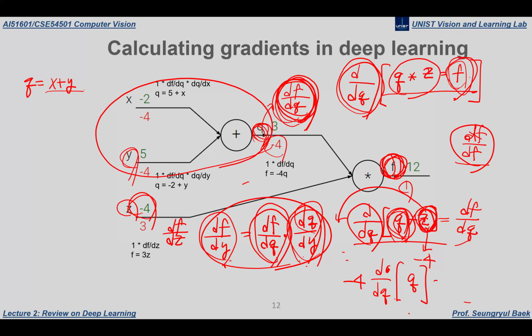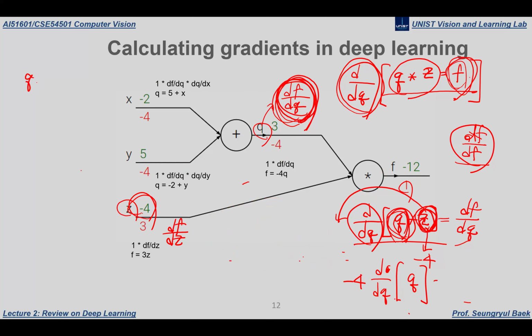For calculating dq/dy, we can use this formula: when adding x and y, we get q. We apply d/dy to both sides. So dq/dy will be 0 plus 1. Are you guys understanding this?